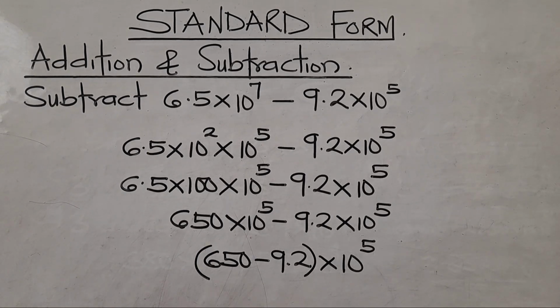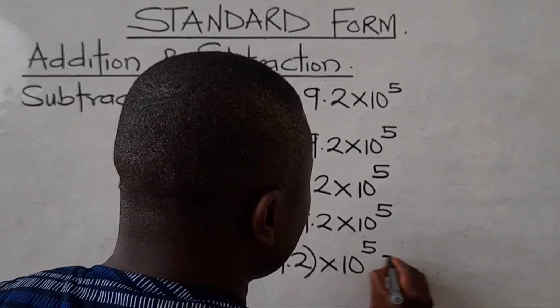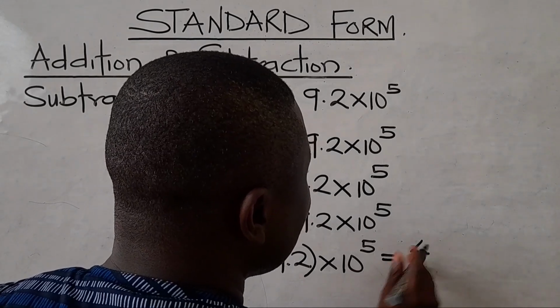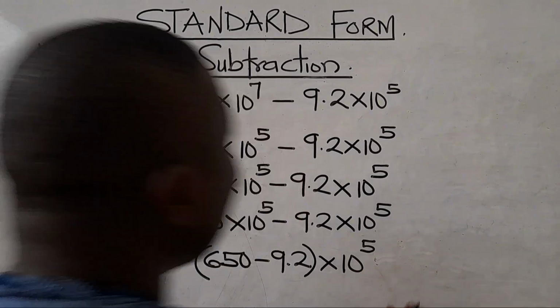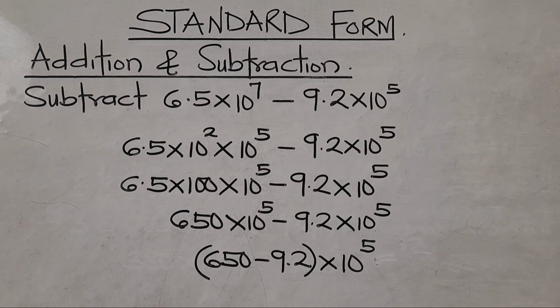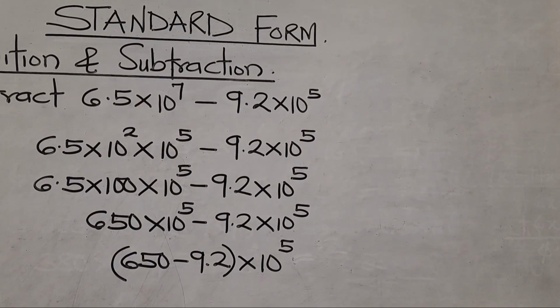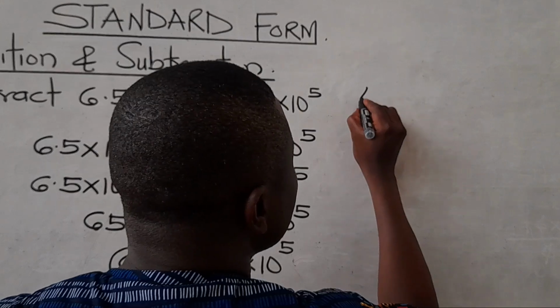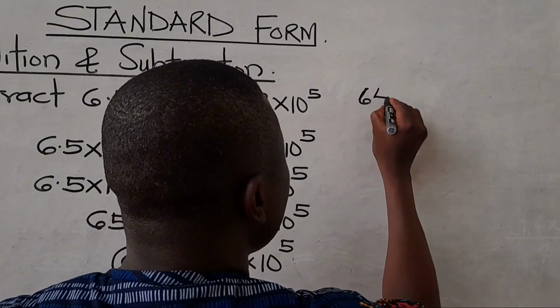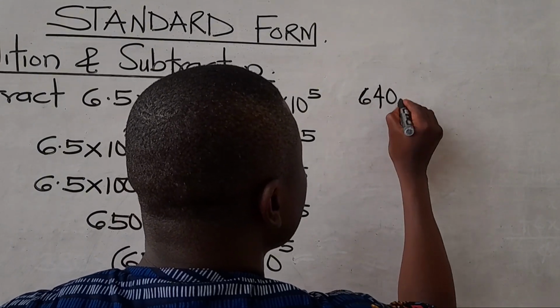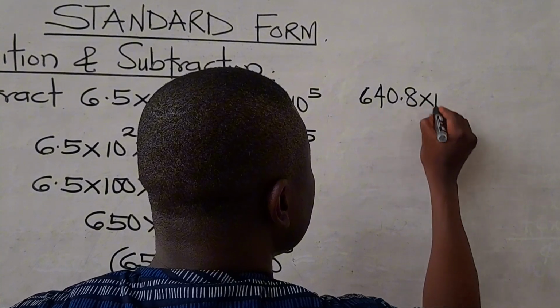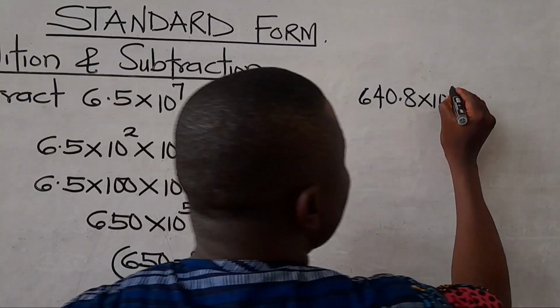We have 640.8. Let me come to the other part of my board. You have 640.8 times 10 to the power 5.